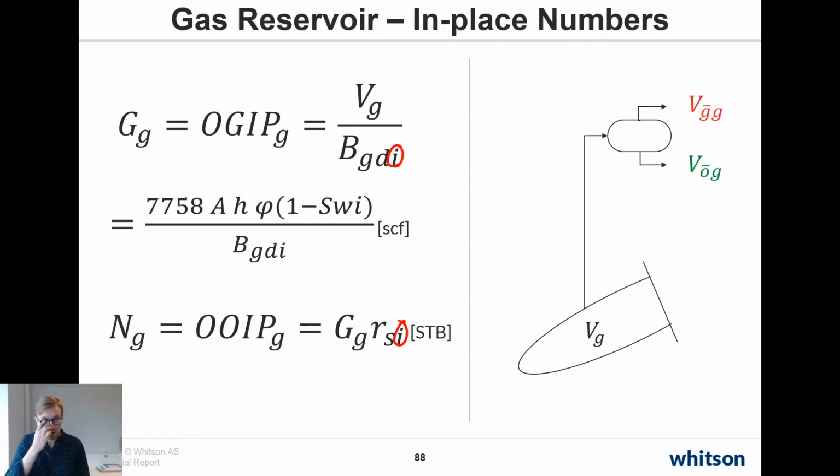And to calculate this so-called original gas in place, we simply take the hydrocarbon pore volume in a single-phase sense, which in this case is only gas, so this is the hydrocarbon pore volume here, and then we divide by the formation volume factor of gas, the so-called initial formation volume factor for gas, and we end up with units of scf.